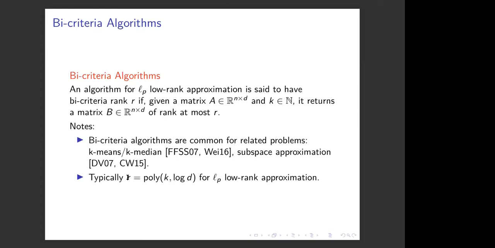So r can be something like k log k or even k log d. And this is a typically accepted compromise in a lot of dimensionality reduction problems like clustering, k-means, k-median, and different versions of low-rank approximation.